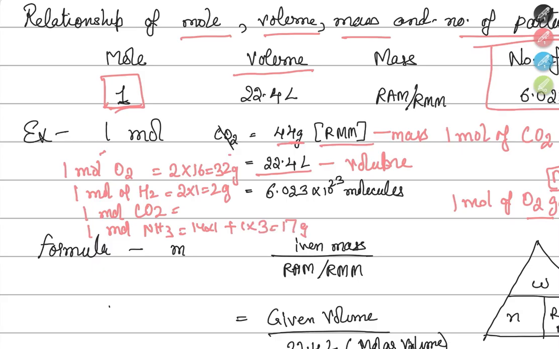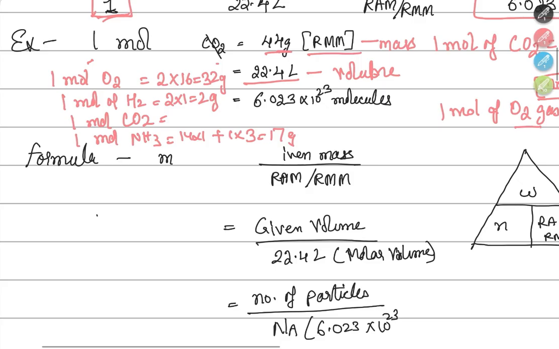So this is how the mole is related to the mass, to the volume, to the number of particles. Now let's find out how we can calculate by using the formula. The mole of any substance in terms of mass is the given mass upon atomic mass if it's an atom, or molar mass if it's a compound or molecule.